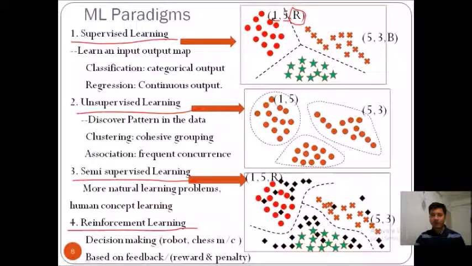So each data point, apart from having values corresponding to each dimension, is labeled with additional information. This additional information is going to help the learning be easier and faster.